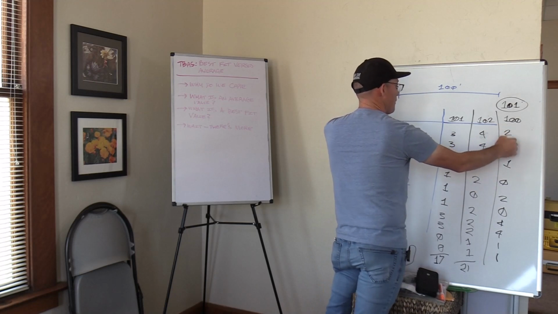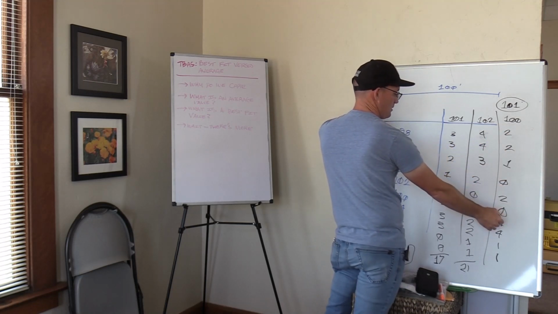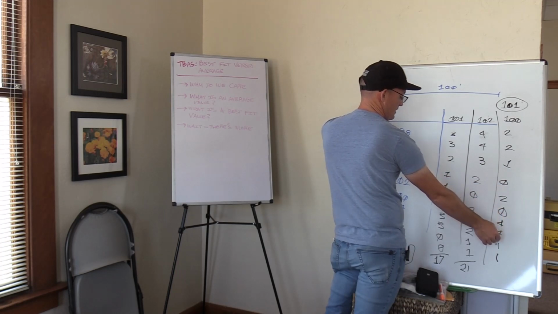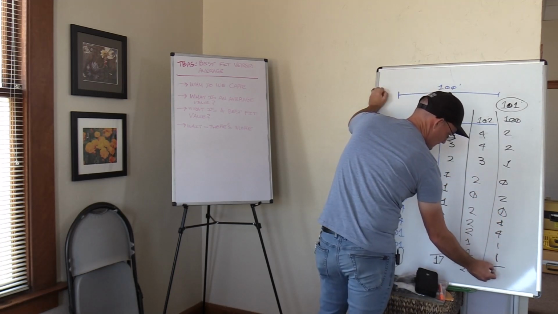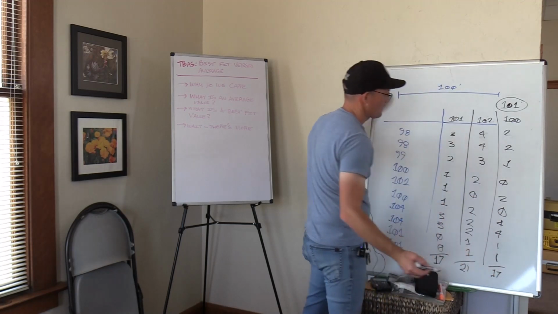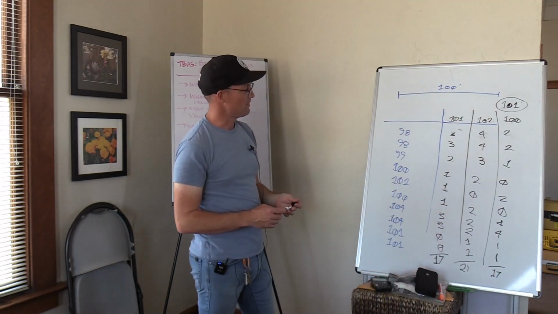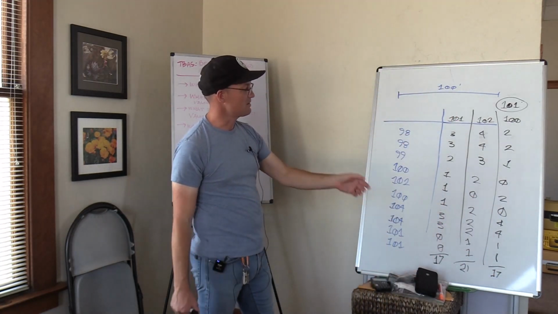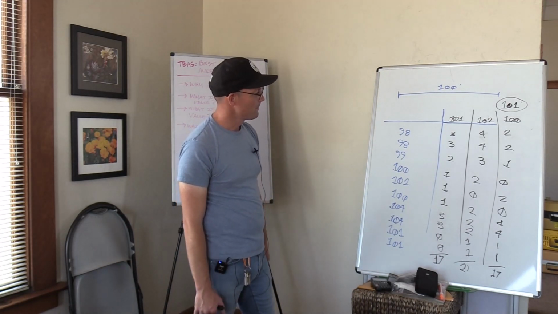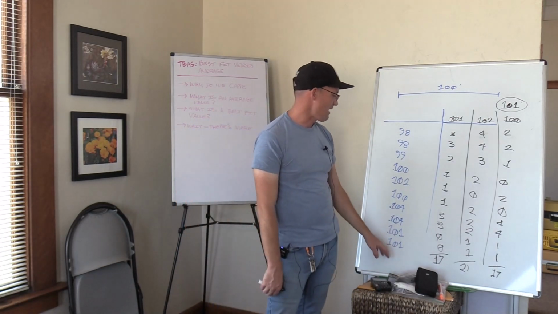Okay, so we got 4, 5, 7, 11, 15, 16, 17. All right. So in that case, we have a best fit value that is at least as good as the average.